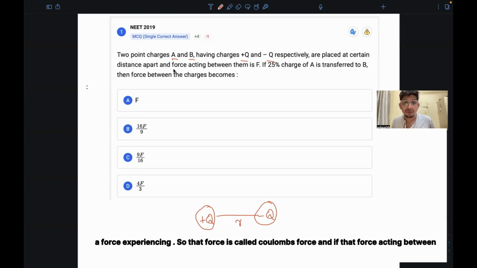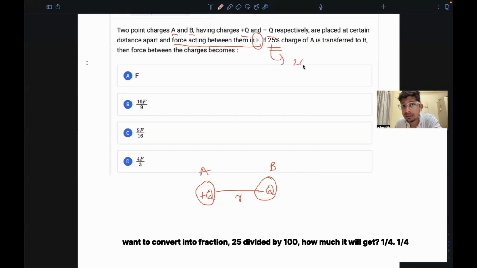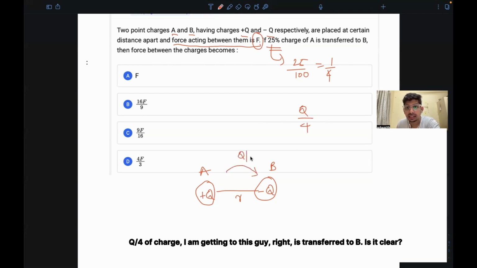If that force acting between them is called F, and 25% of the charge A, so there is charge A, there is charge B. 25% converted into a fraction is 25 divided by 100, which is 1/4. 1/4 of this charge Q means Q/4. So Q/4 of charge is transferred to B.